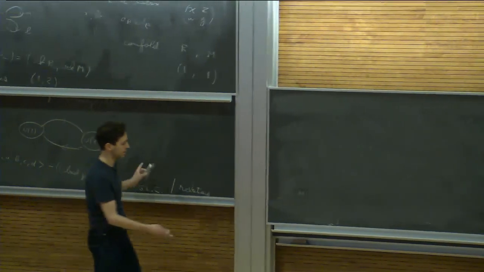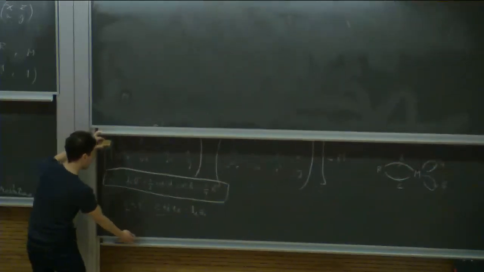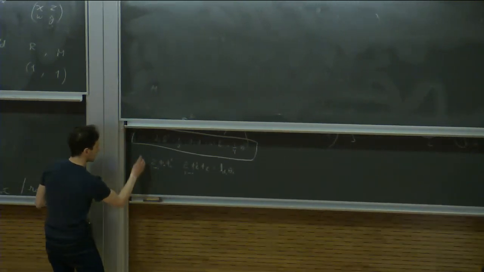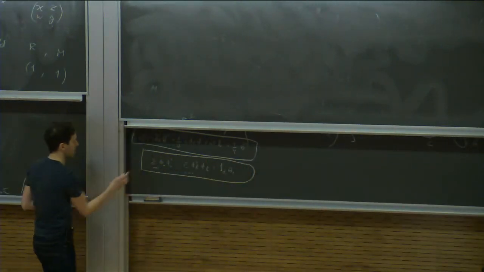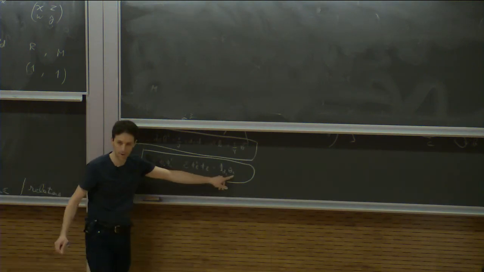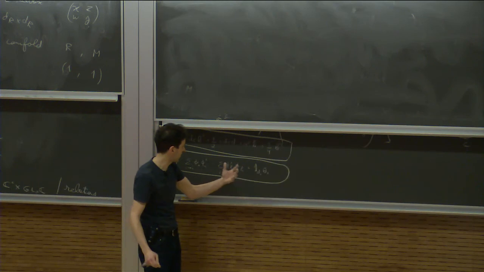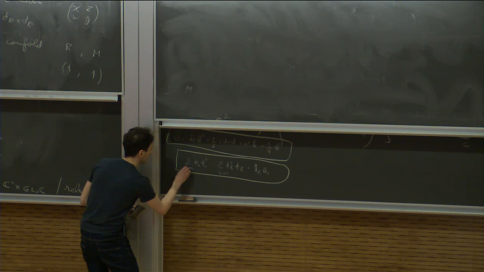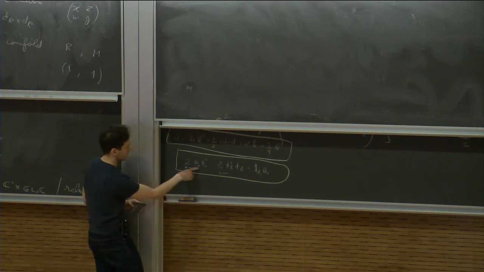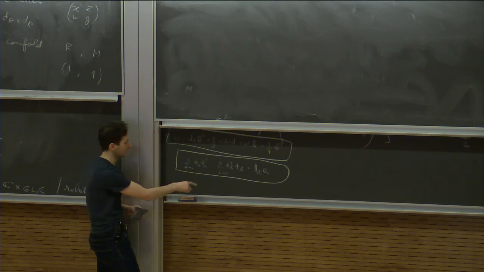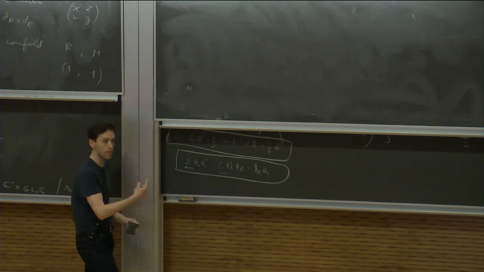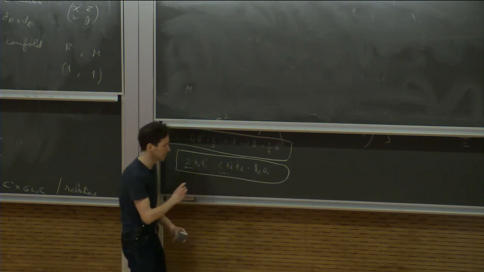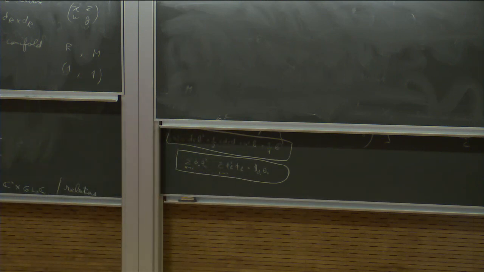So first I should mention the D term constraints. The D terms look like this. At each node, at the ith node, you put a parameter, an Fi term, and then you sum over all arrows that go into the ith node, and you have the field times its dagger, minus all arrows that go away from that node, the dagger times itself, which I'll write in this case.